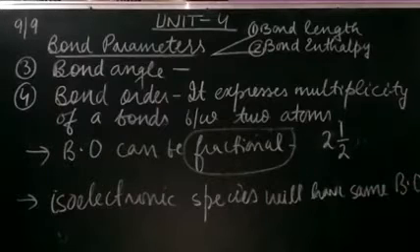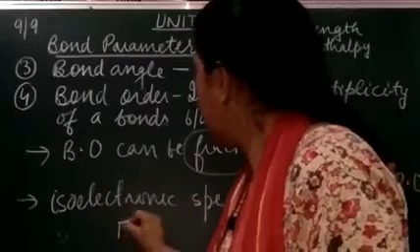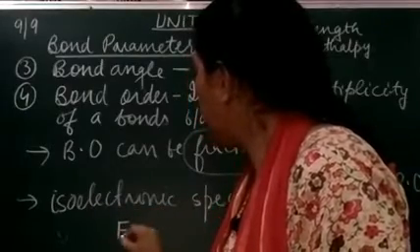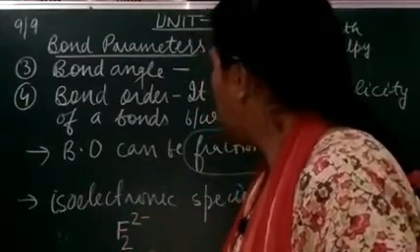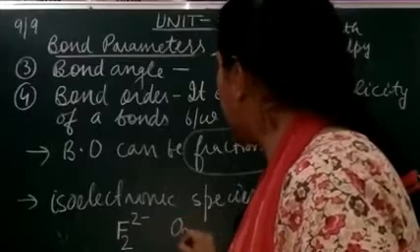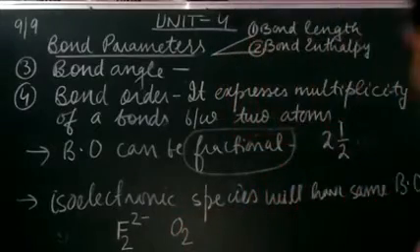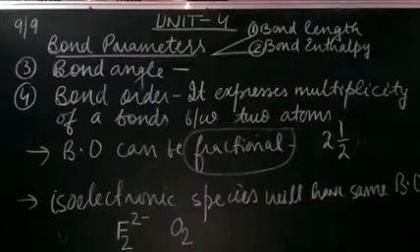Students, if the number of electrons is equal, that is if it is an isoelectronic species, at that time the bond order is also going to be the same. Right, students? So if we take the fluorine molecule, and the oxygen molecule here.